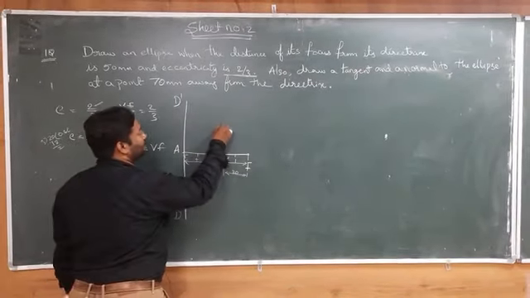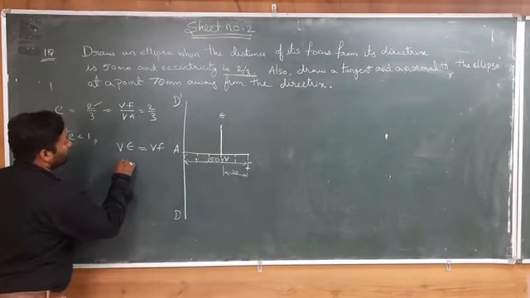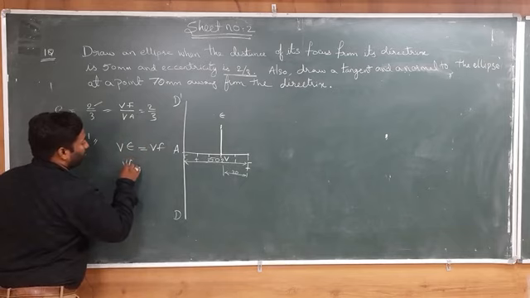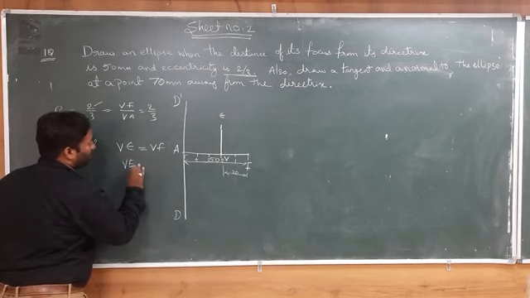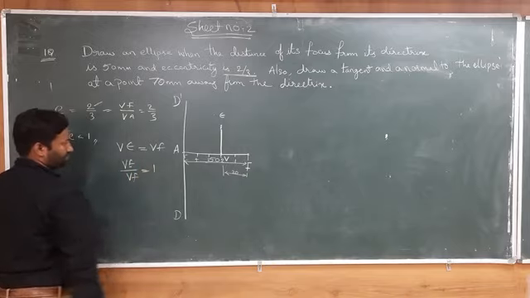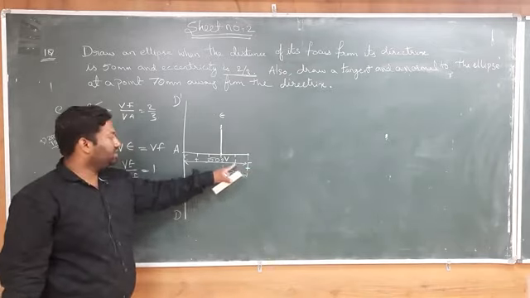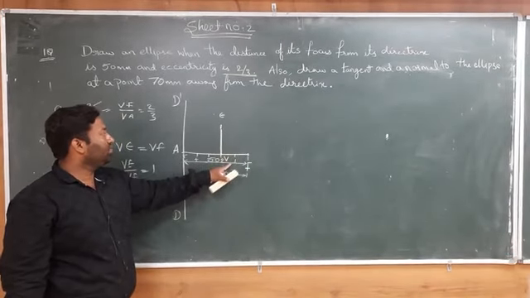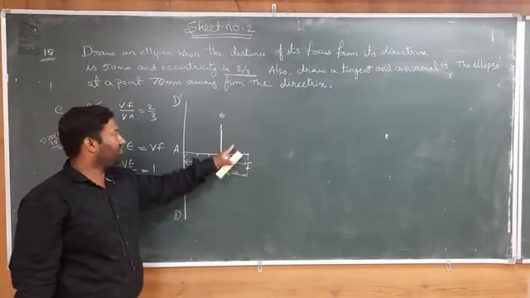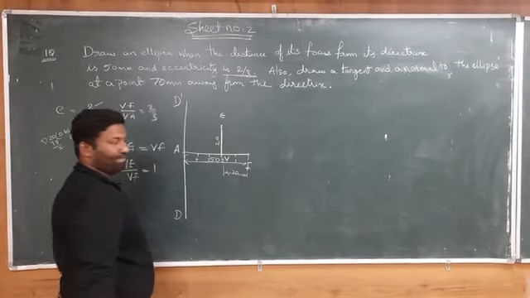We will mark this as E. So by this we come to know VE is equal to VF, that is VE by VF is equal to 1. So the distance from V to F is 20 mm, and at the same time the vertical line VE is also equal to VF, that is 20 mm.